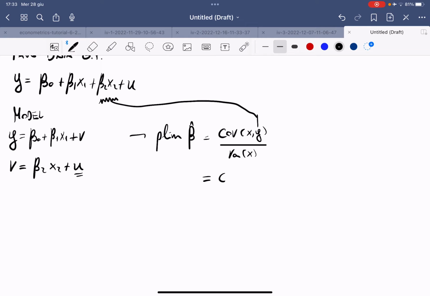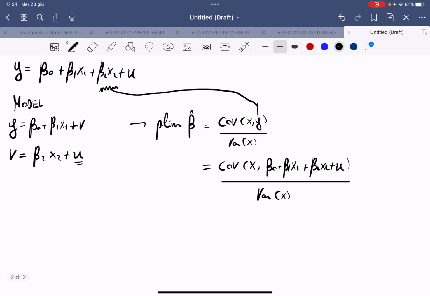We need to compute the covariance of x and beta 0 plus beta 1 x1 plus beta 2 x2 plus u, all divided by the variance of x.